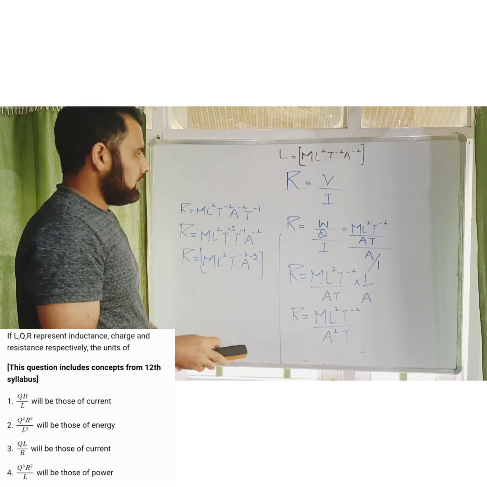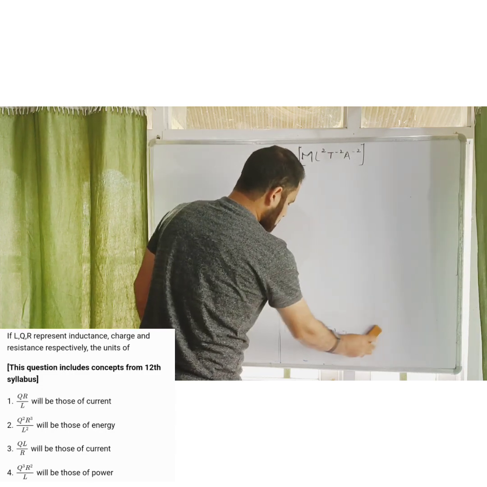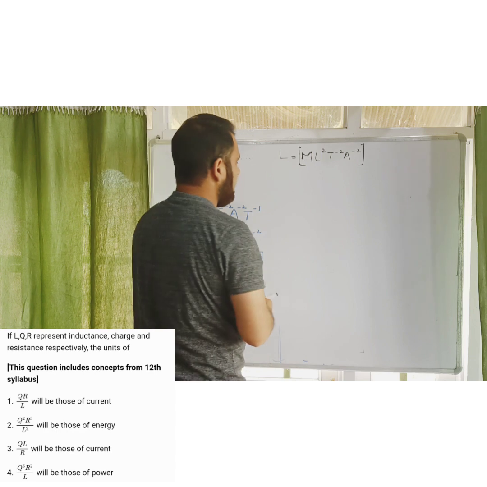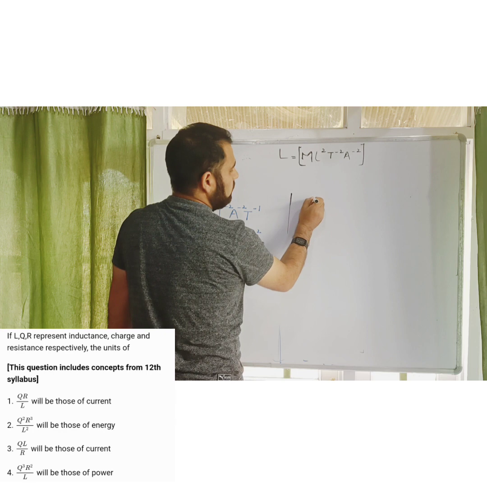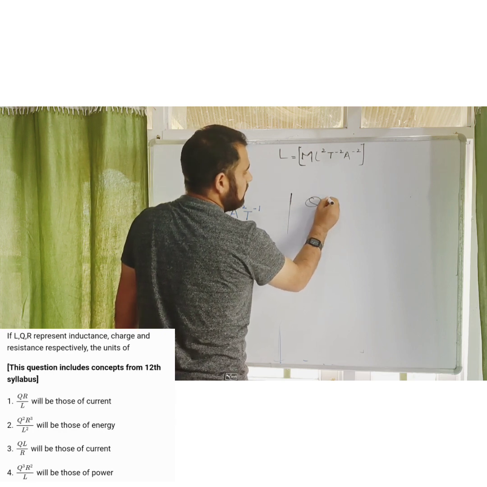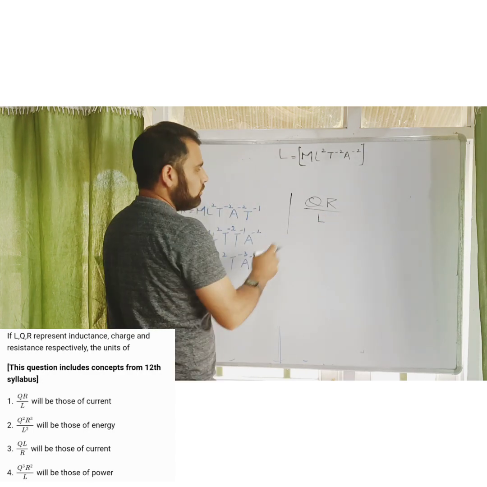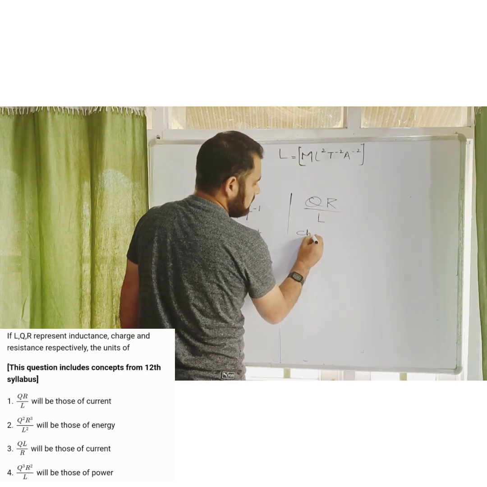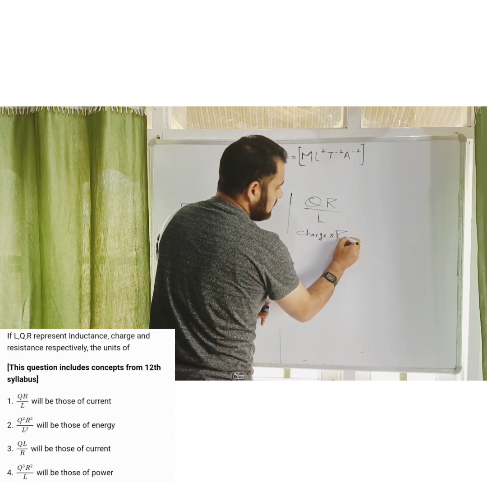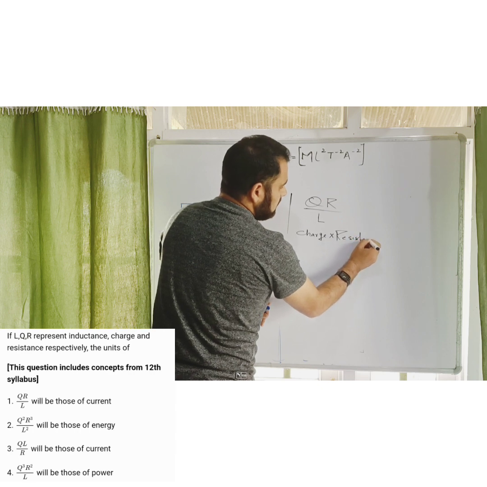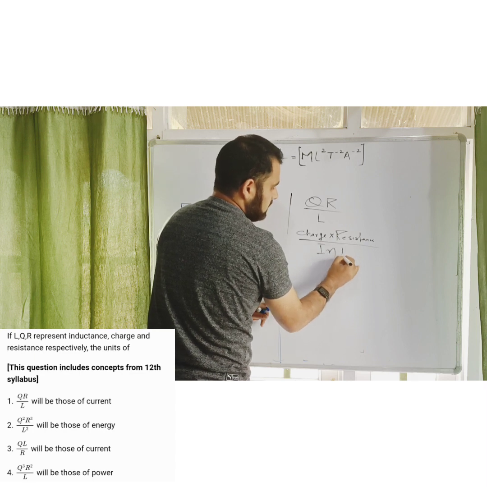Let us first look for the ratio QR by L. Q is here the charge, R is here the resistance, and L is the inductance.